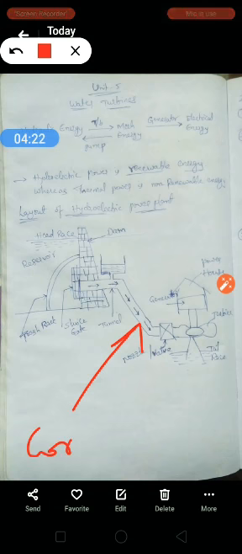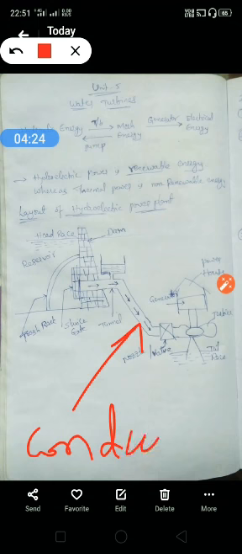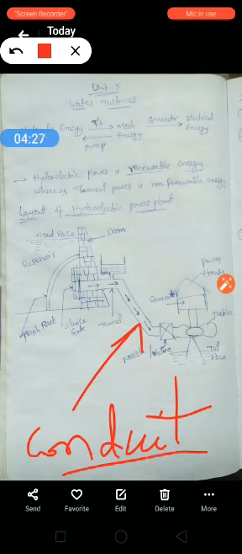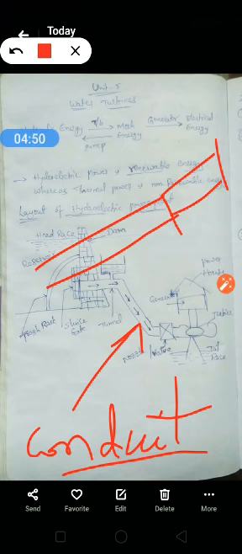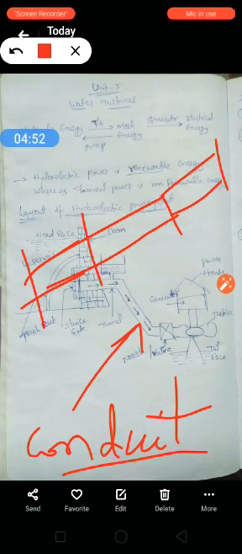So here one word, conduit. What is meant by conduit? So generally the pipe will have some length. Here the penstock is large size, around 200 to 300 meters and more. So to construct this large pipe, we attach the pipes in series.